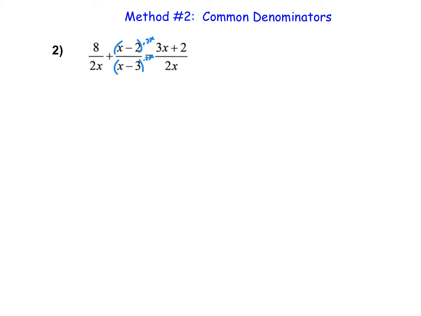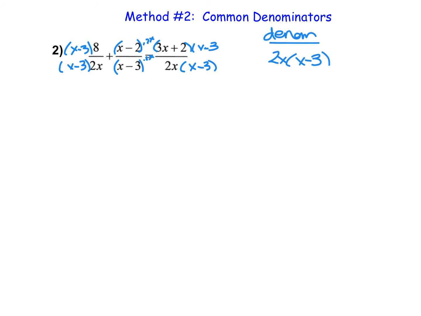So that tells me that this needs to be multiplied by x minus 3, and this needs to be multiplied by x minus 3, as well as this fraction over here. So if I perform those multiplications, I will have a common denominator of 2x times x minus 3. So let's go ahead and perform those calculations.